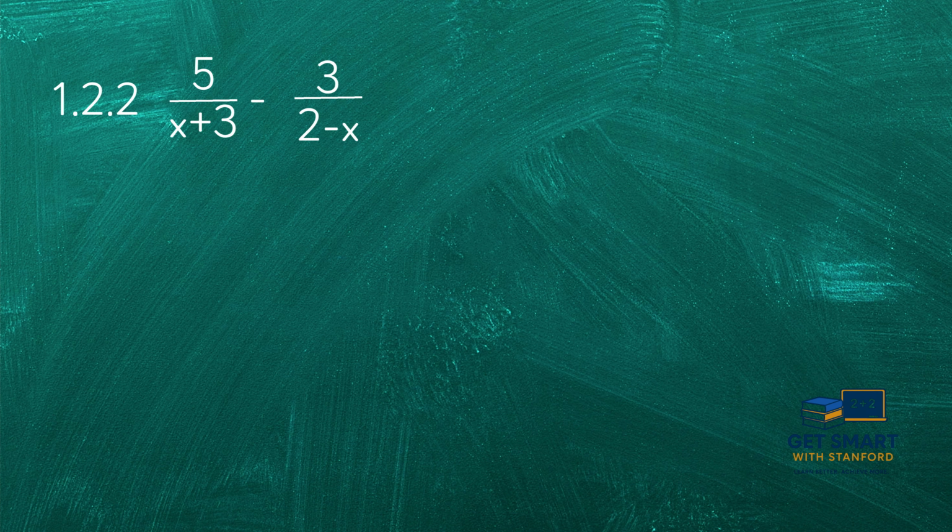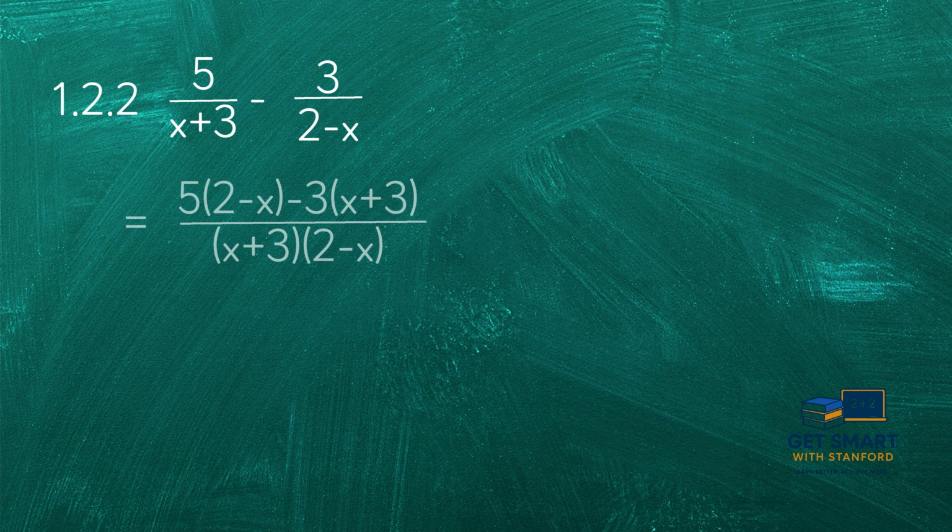1.2.2, we have 5 divided by 3 plus x minus 3 divided by 2 minus x. The first step here is to find the lowest common multiple, LCM, of the denominators, which is x plus 3 in brackets multiplied by 2 minus x in brackets.